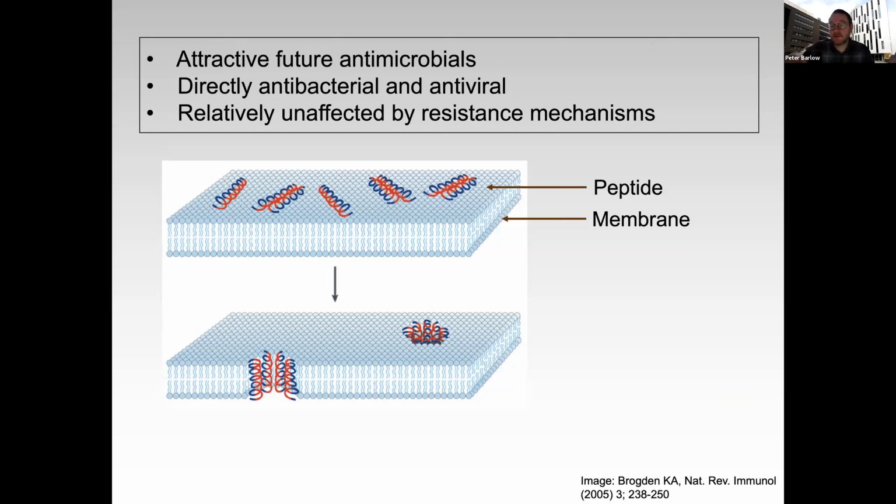Here's a nice model which shows these tiny peptides binding to the surface of a biological membrane, and then they can create pores very rapidly in that membrane. So they act a lot like a detergent. They punch holes in the membranes of pathogens, which is why they're so efficient at killing bacteria and destroying viruses.